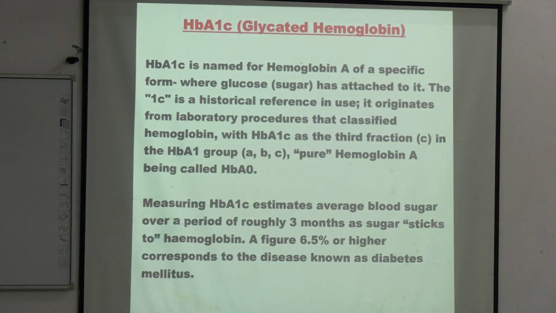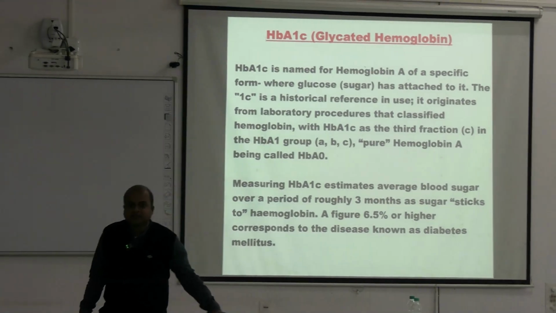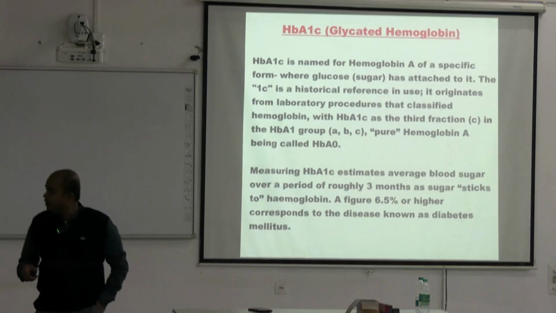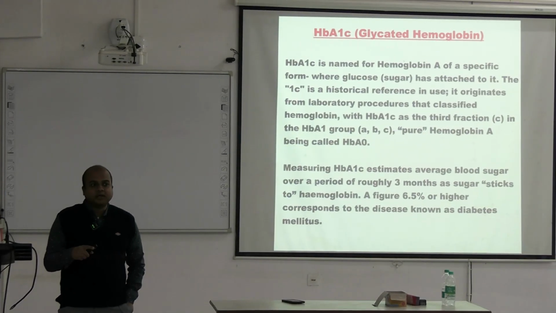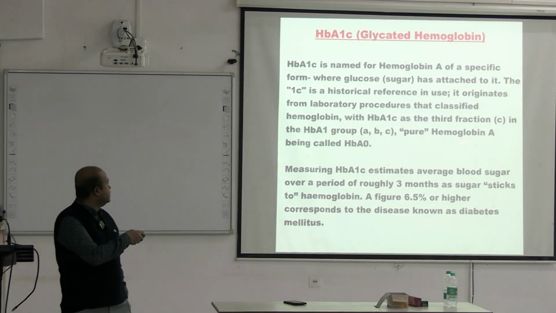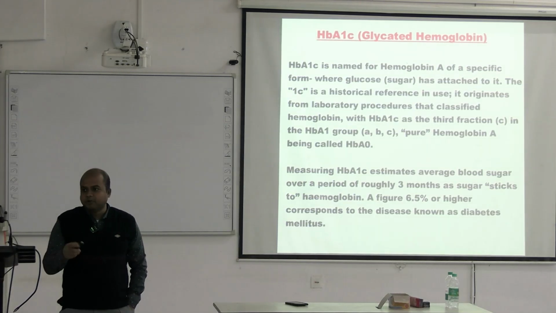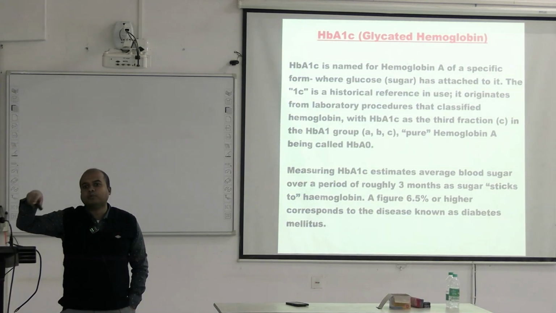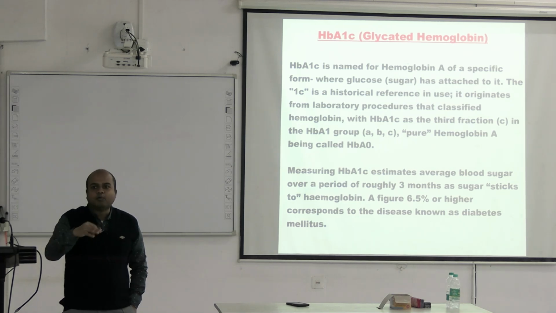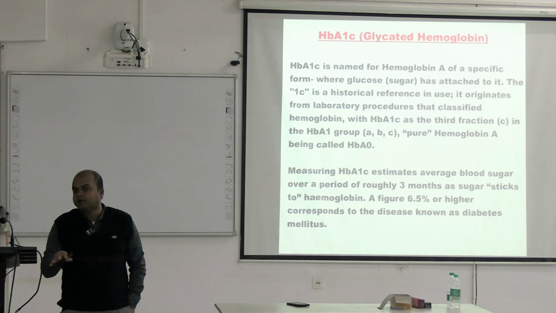And this is the last thing we should mention, hemoglobin A1c, that is hemoglobin A, this 1c is again a historical reference. Okay. The third fraction, pure hemoglobin, what is pure? This pure hemoglobin A was classified as hemoglobin A0, then hemoglobin A1, A, B, C is the third fraction during separation, during these chemical methods and all.